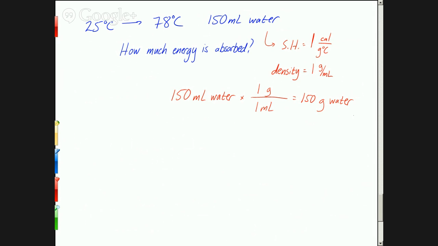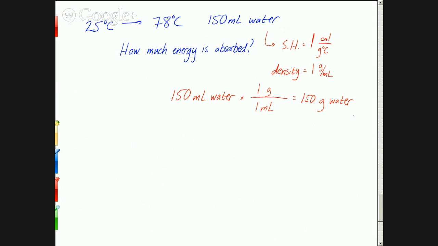You don't really need to write that out for water because it's just 1. But if you were dealing with something else, like a metal, you would have to use the density to figure out actually how much you had, if you were given a volume and you needed a mass.